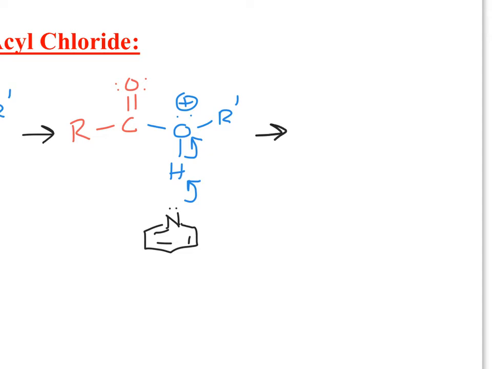So again, this mechanism that we just drew is no different than the general mechanism of acyl substitution that we drew in the previous unit. So here, O, R prime, and there's our ester.